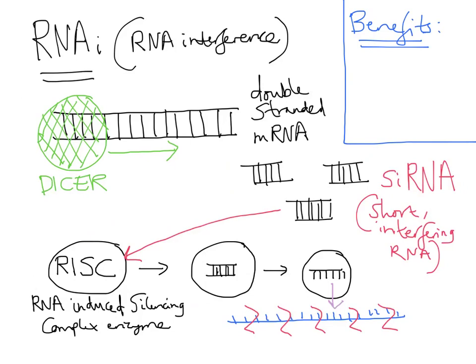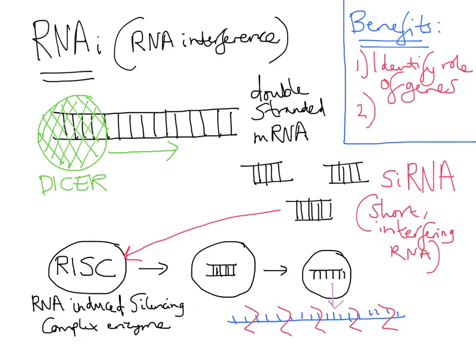The two key benefits. One of them is to identify the role of genes by observing the effect of blocking them. So you can identify the role of genes. If you block a particular gene, if you stop that messenger RNA coding for a particular protein, and you watch what happens, you can see what that gene does.